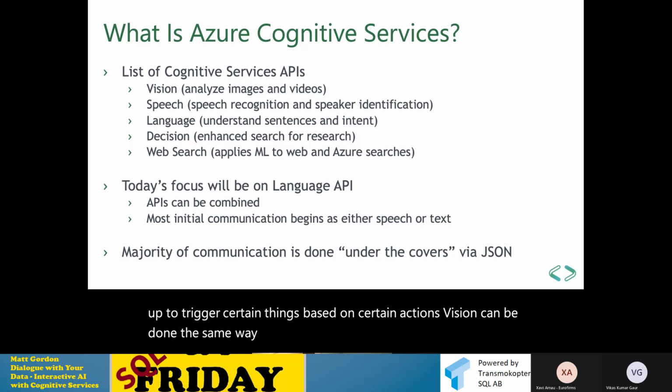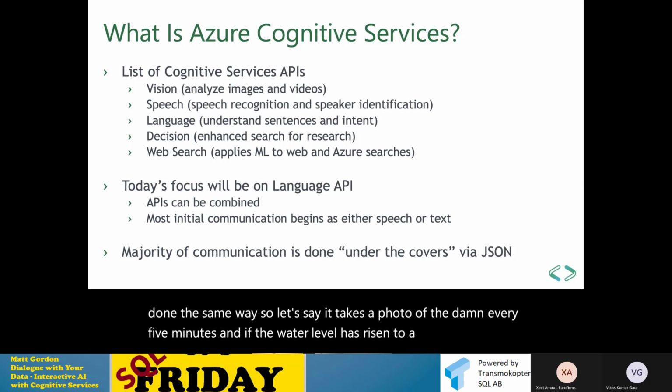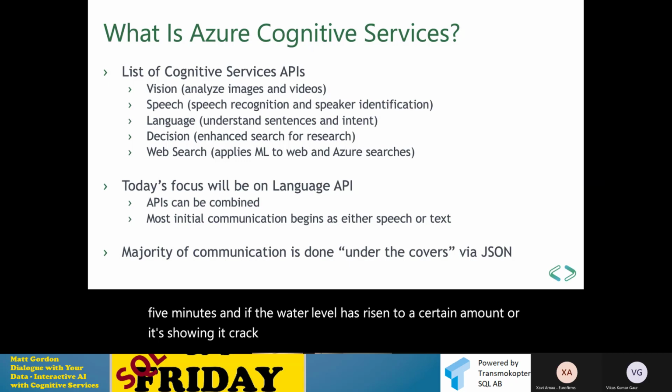So let's say it takes a photo of the dam every 5 minutes, and if the water level has risen to a certain amount, or it's showing a crack or something like that, it can then trigger a workflow to email somebody or dispatch a crew or something like that. So Vision is very cool. Not where we're going to spend our time, but definitely fun to play with.